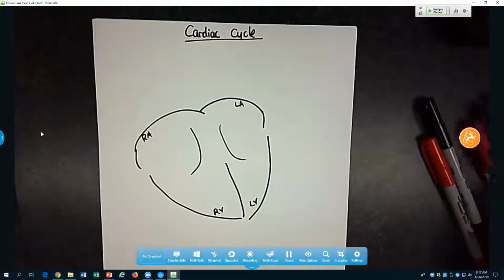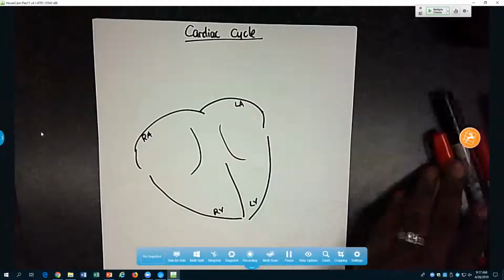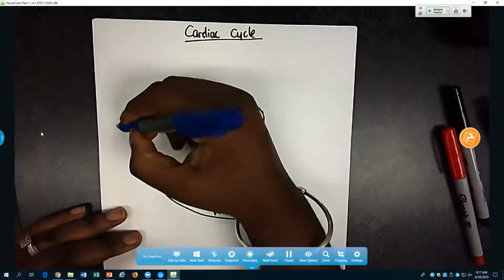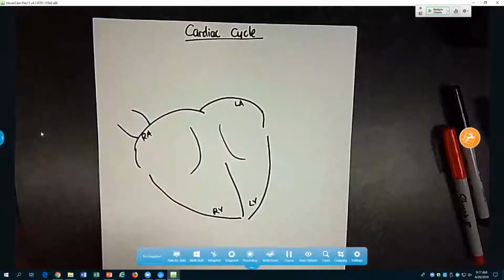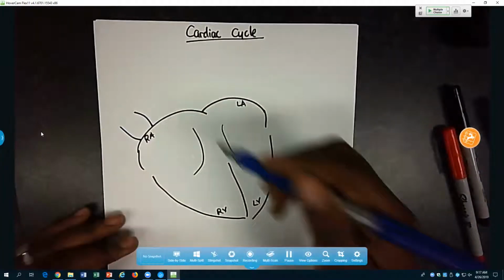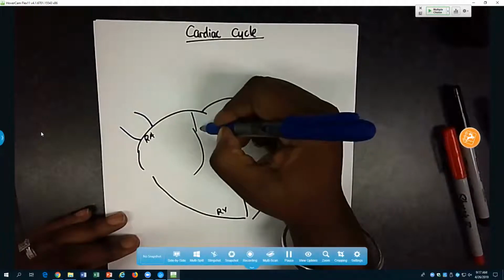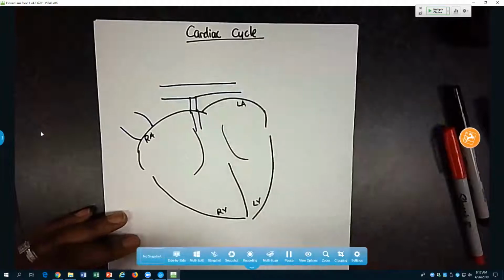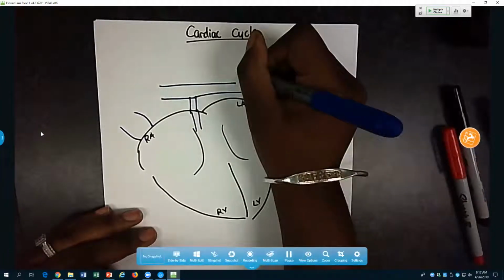Now we know that there are 2 or 4 major vessels that are exiting and leaving the heart. One is bringing the oxygenated blood back from all the systemic vessels, right? And then we also have the pulmonary trunk, which is leaving the right ventricle, and it's going to be going out to the lungs here.